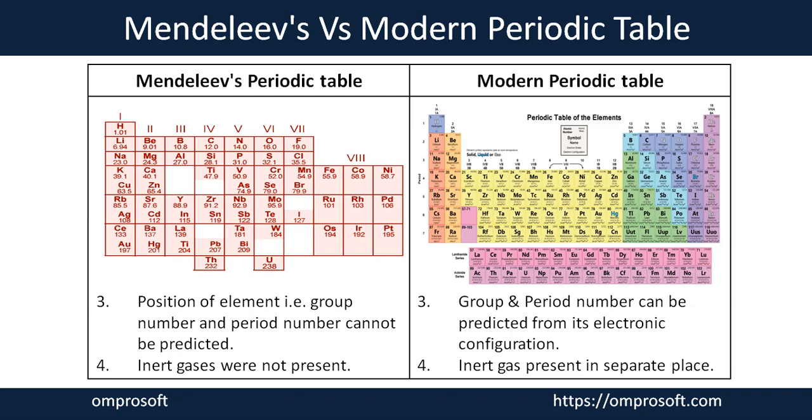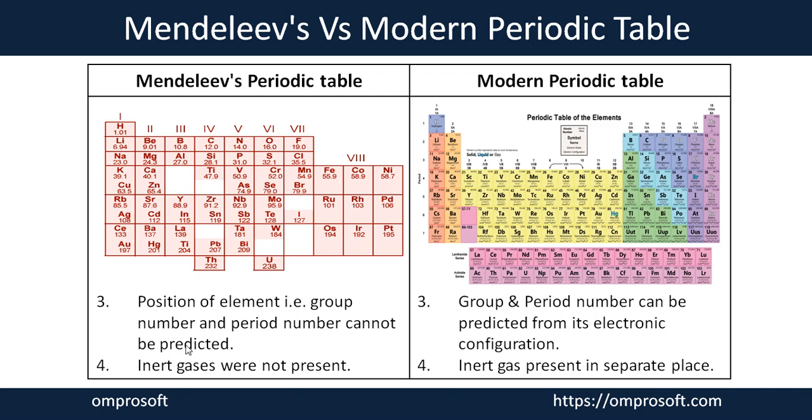So according to the arrangement of electrons in their shells, Moseley arranged all the elements according to their particular group and period. But in Mendeleev's table, the arrangement of elements was not on the basis of electronic configuration, and it did not put all the elements in the groups and periods on the basis of any particular property.